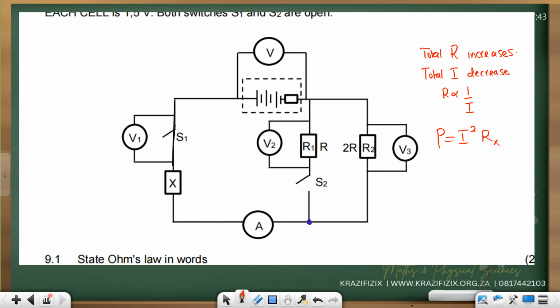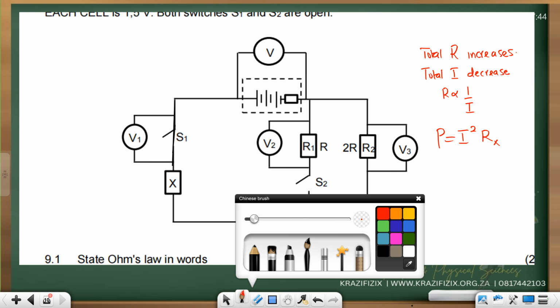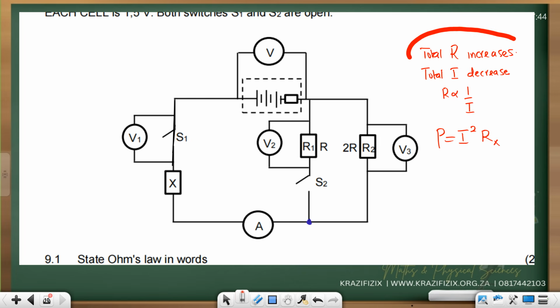So if I decreases, what will happen to P? It will decrease. We start from resistance. What happens to total resistance? It increases. Therefore, what's the relationship? Inversely proportional. So total current will then decrease. It was 1,8 before. Let's say it now drops to 1.